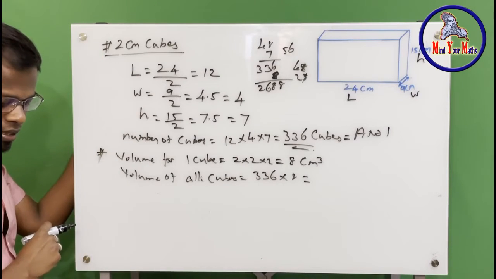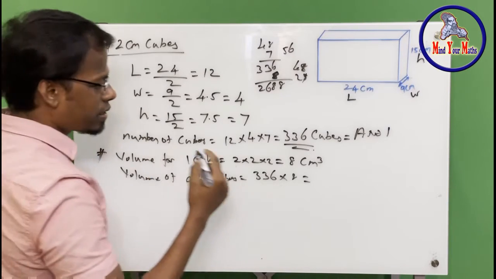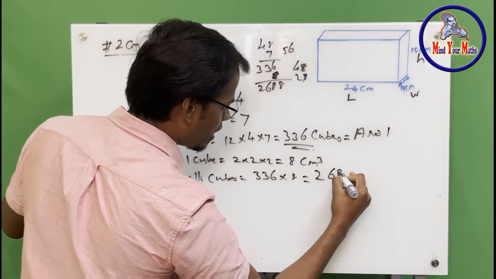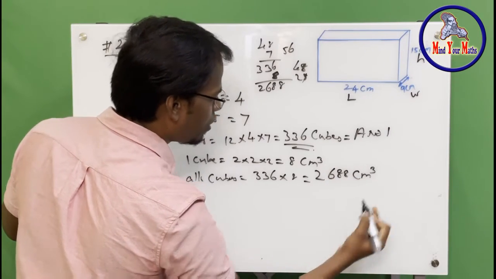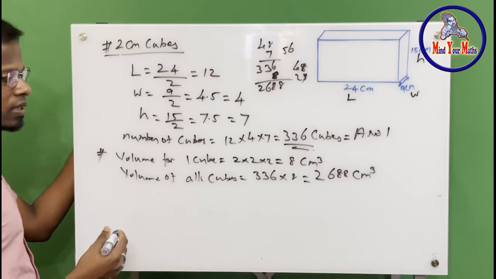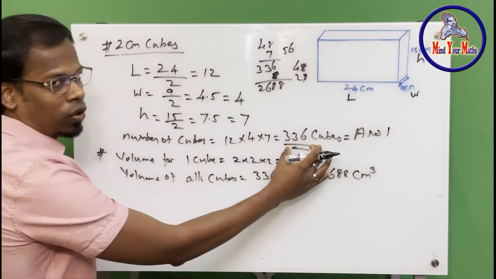So it is 2688 cubic centimeters. That is the volume of all the cubes.